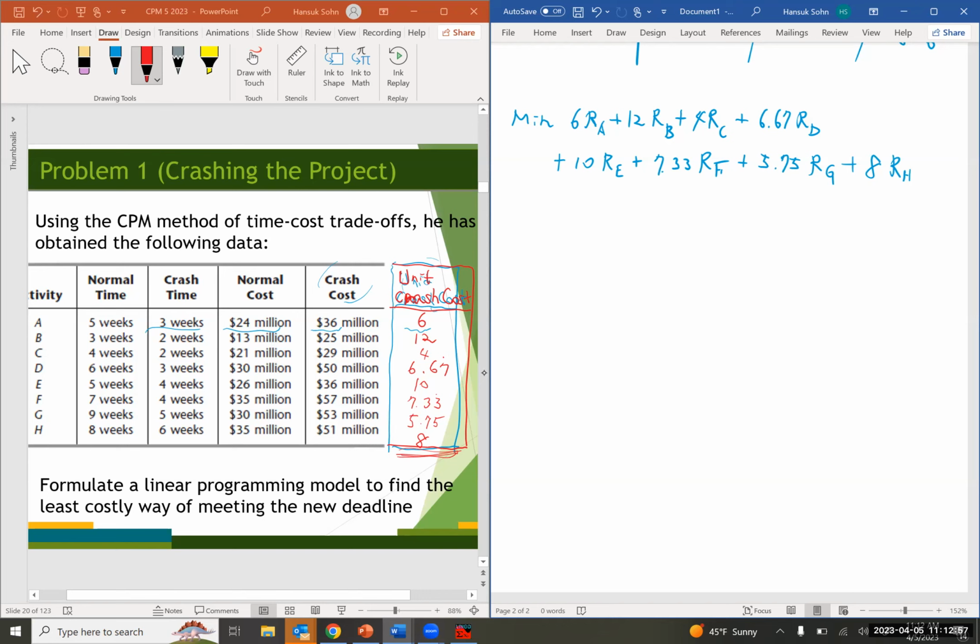Okay, now we need to think about what constraints we need to consider, right?